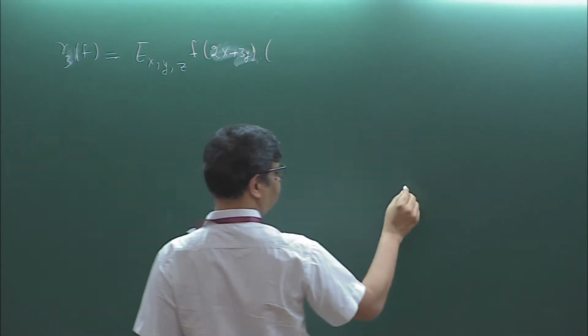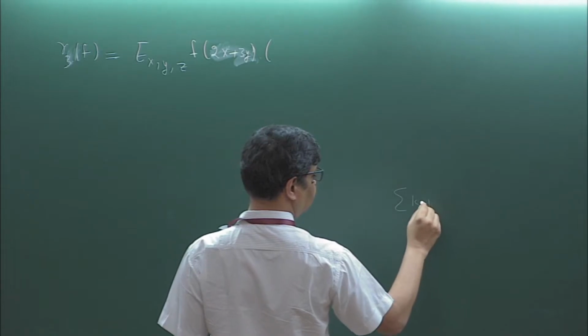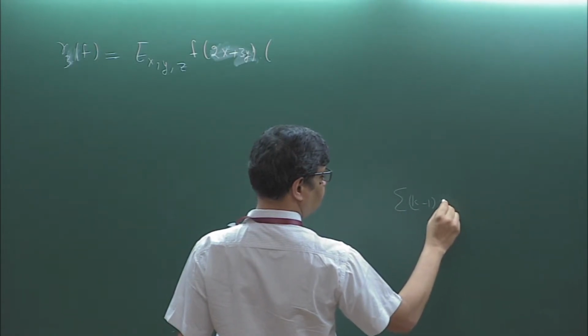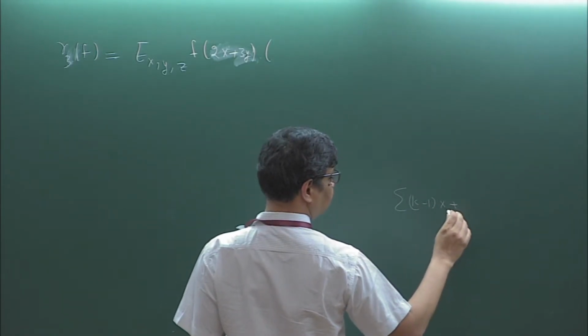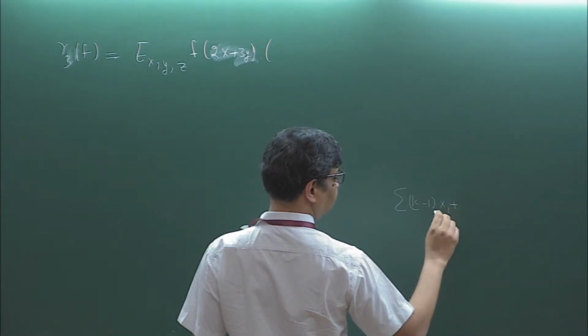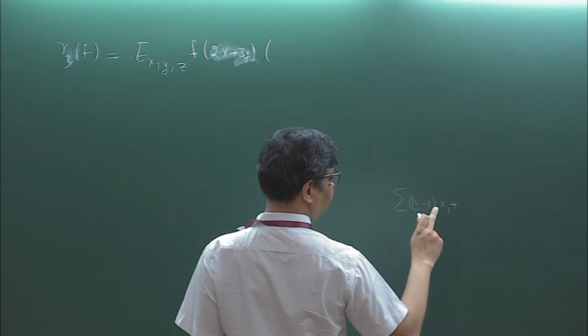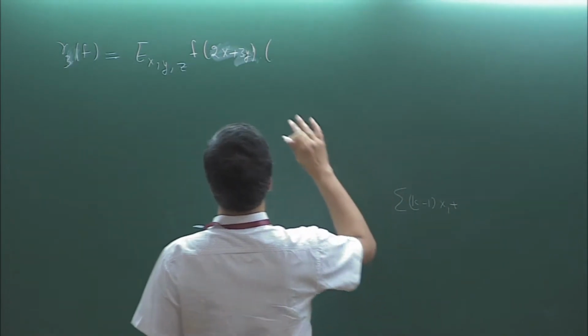This is the sum over j of f(j ... k minus 1 ... x). So k is 3, 3 minus 2, k minus 2. It should be 2x plus y.